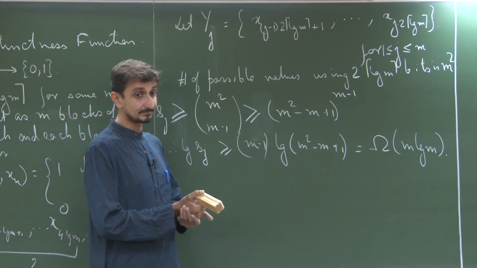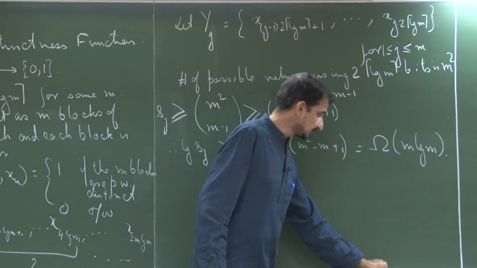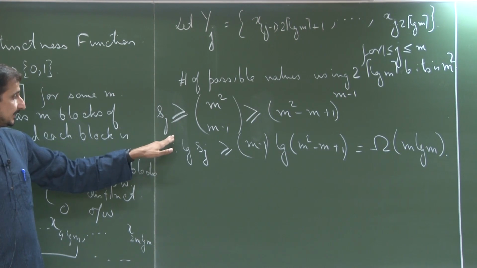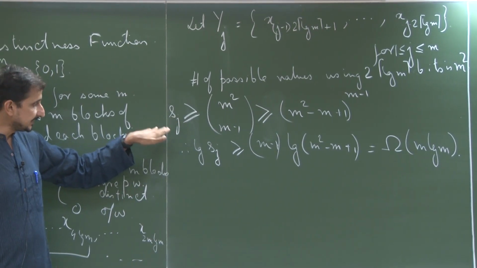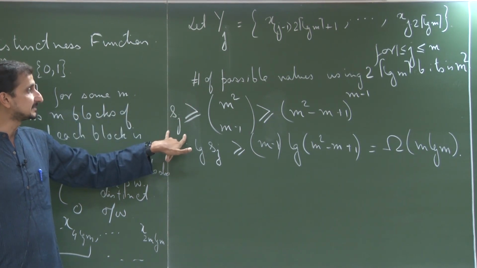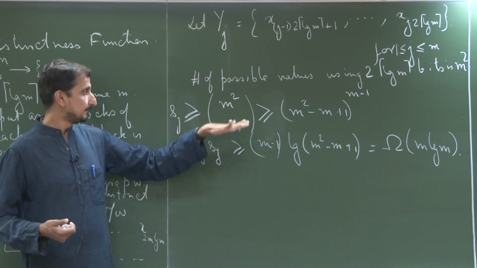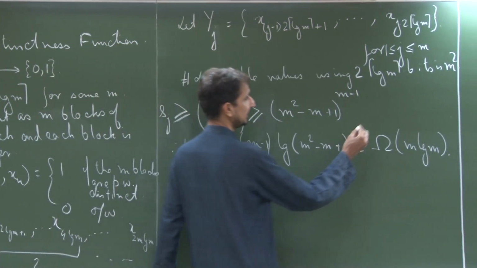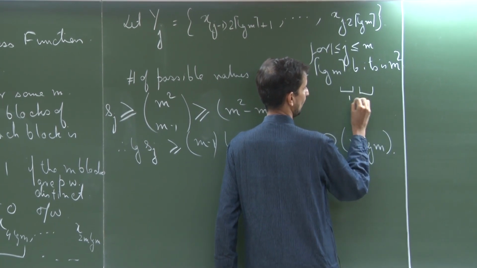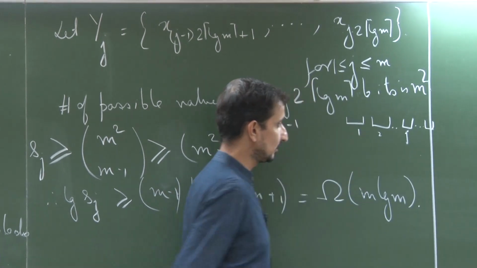What is the extra thing? Basically, what I argued over here is that for each sub function, this is a way in which I can choose something. Let us say I look at these blocks: block 1, 2, then the jth block, and then the other blocks.